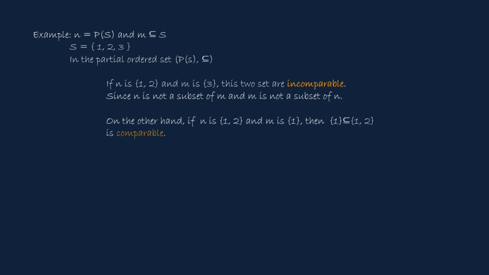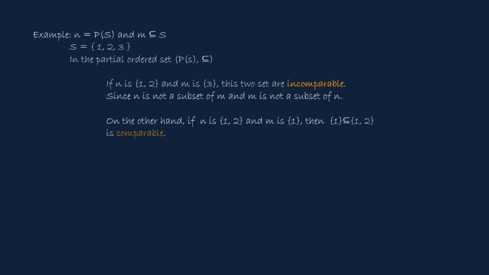In the partially ordered set, if n is the set containing 1 and 2 and m is the set containing 3, these two sets are incomparable since n is not a subset of m and m is not a subset of n.